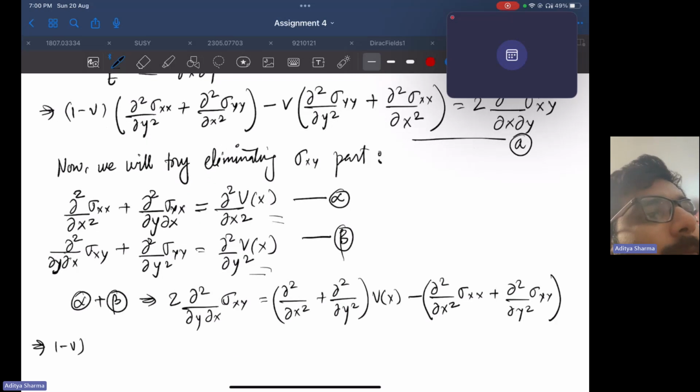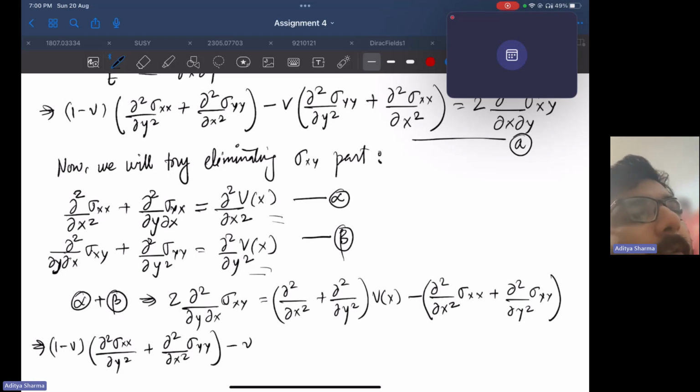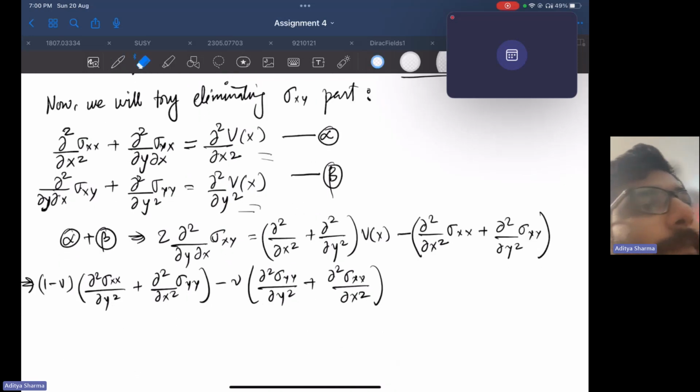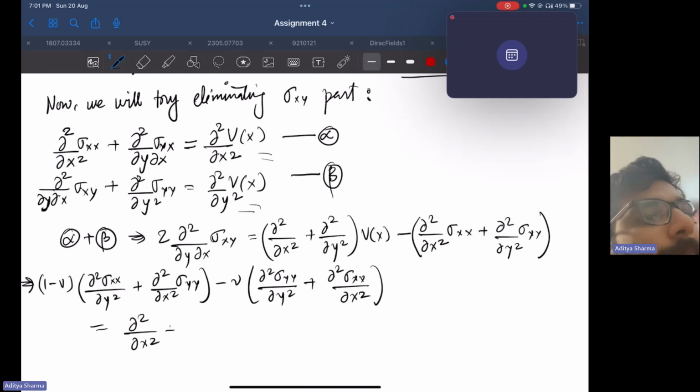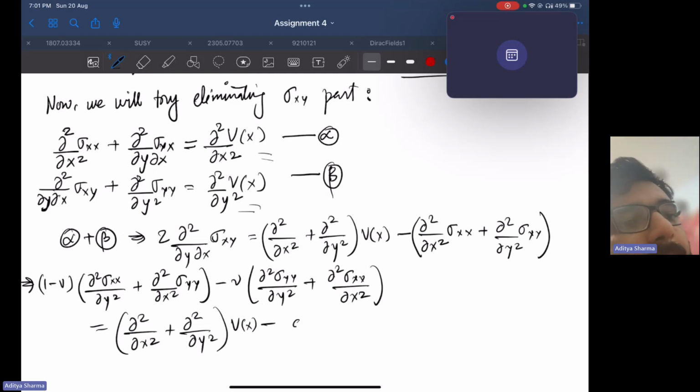So we have 1 minus nu, del square sigma xx by dy square plus del square by dx square sigma yy, minus nu del square sigma yy by del square sigma xx by dx square, is equal to del square by dx square, del square by dy square, plus del square by dy square sigma yy.